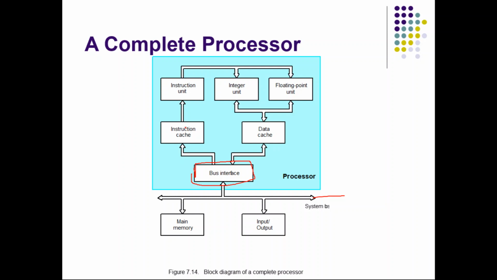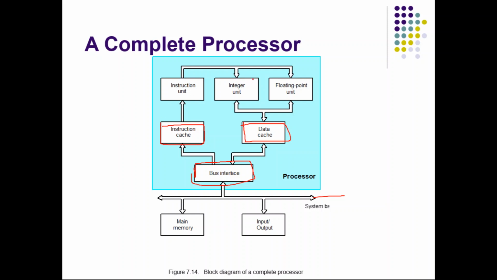Most modern processors have two caches. There is a separate cache for instructions and a separate cache for data. The first is called the instruction cache and the next one is called the data cache. The instruction unit is used to fetch instructions from the instruction cache, if available, otherwise it has to fetch from the main memory.